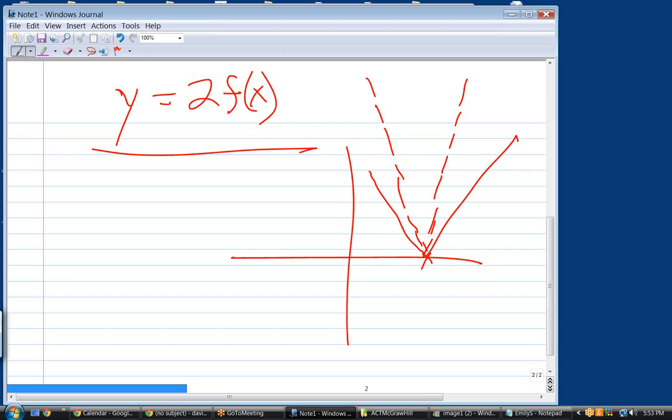Notice that there are 6 things. There's the horizontal stretch or shrink, that's one thing. And then there's a horizontal shift, totally different. That's the second thing. The third thing is a vertical stretch or shrink, which changes the shape of the curve.